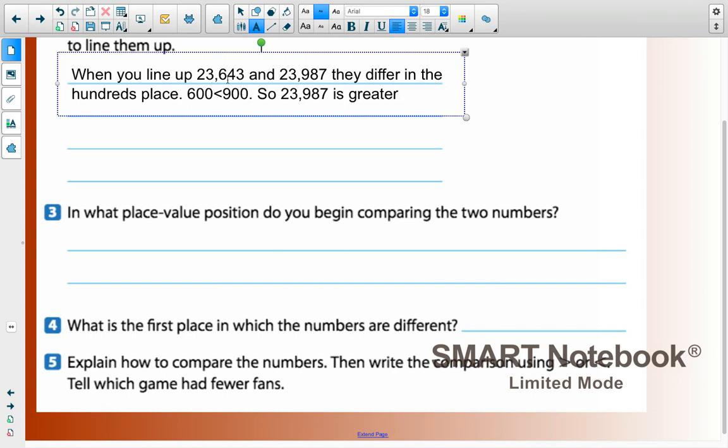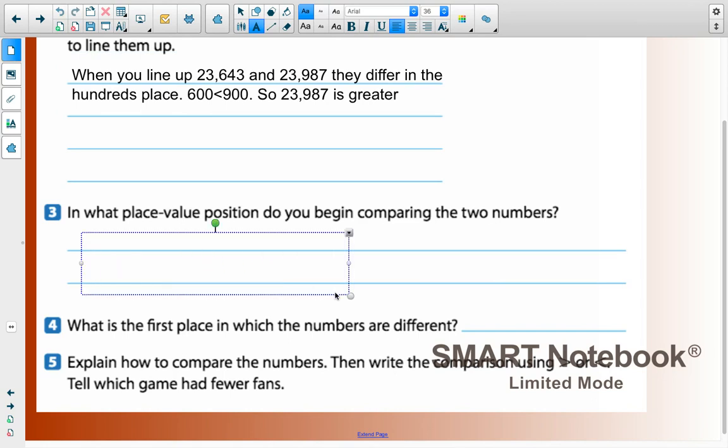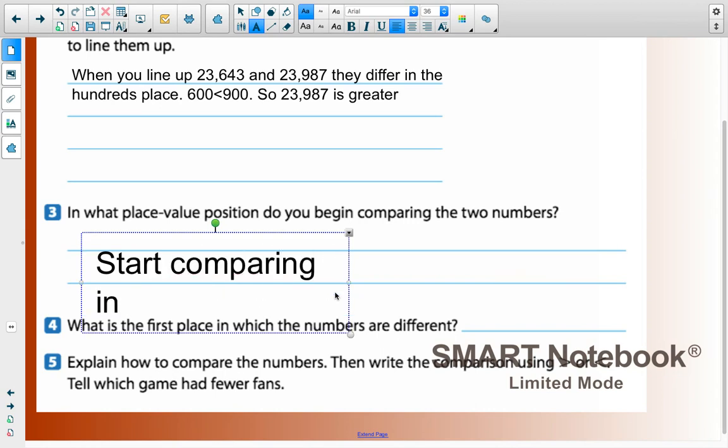In what place value position do you begin comparing? We just said that up here. We compare them in the hundreds place. So let's get another text box right here. Start comparing in the hundreds place.